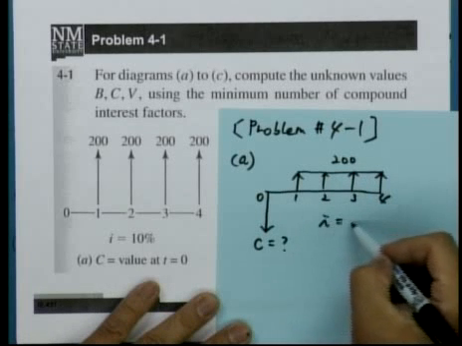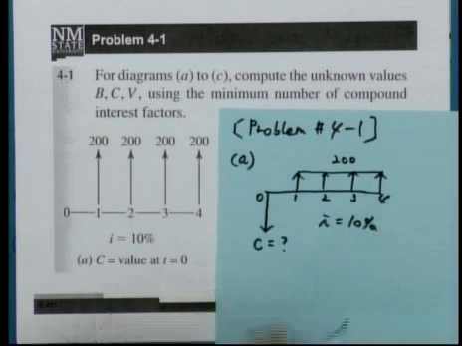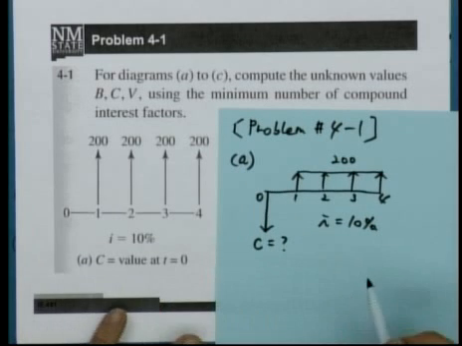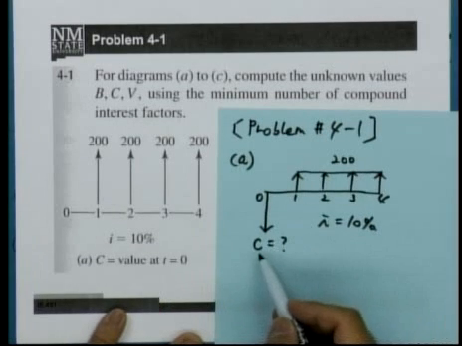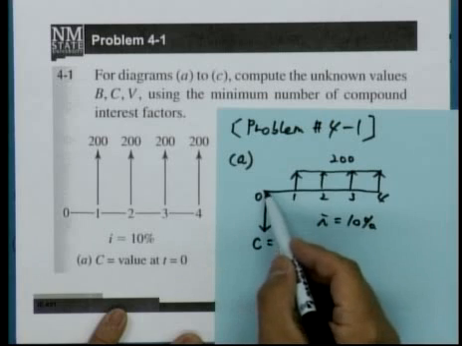And the interest rate is 10%. So we want to determine the present sum, which is C, at time period 0.